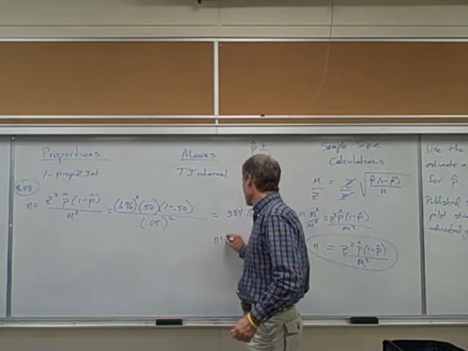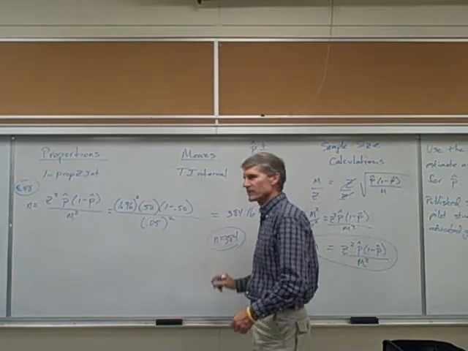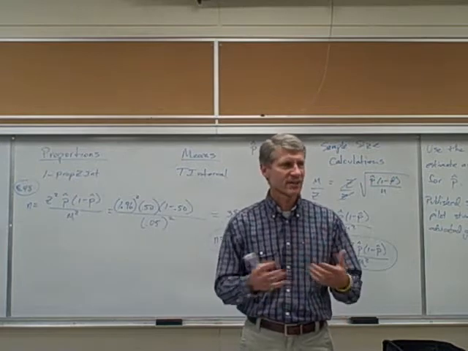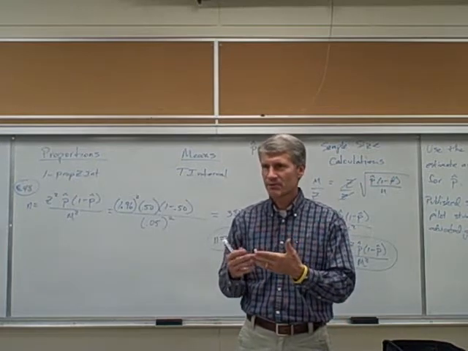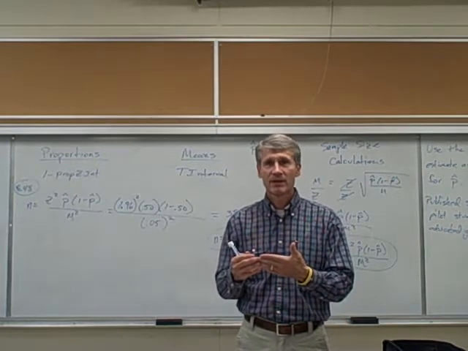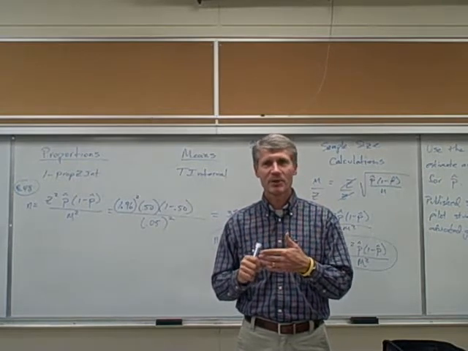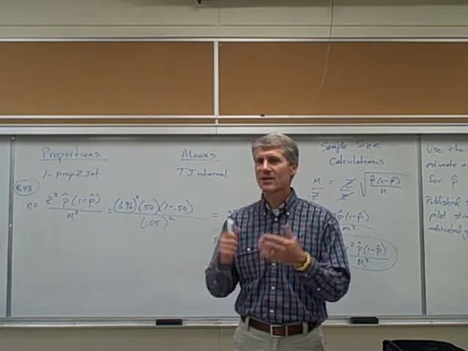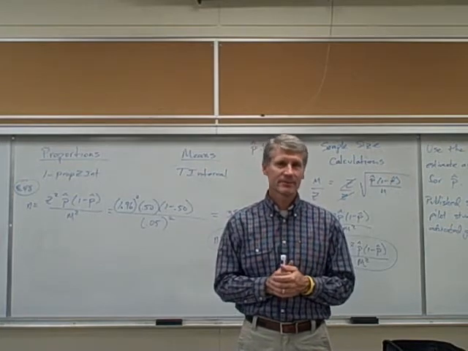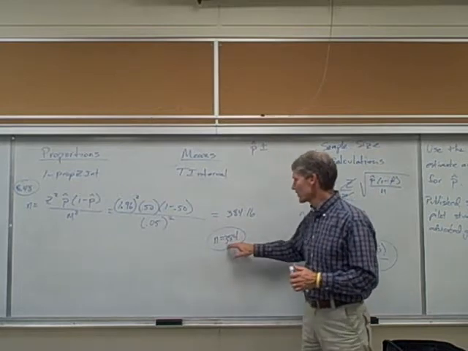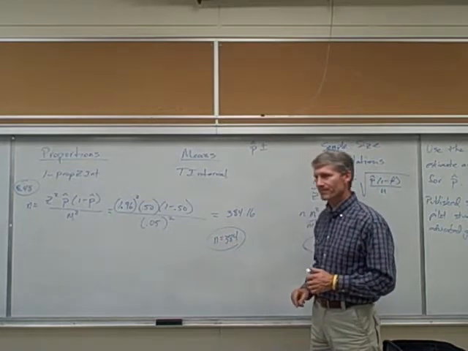In practice, that has no practical significance. If I use 385 or 384, it really isn't going to affect my estimate very much. But on the online homework, it affects whether you get it right or not. Because if you put 385 in there, it'll say, nope, sorry, you missed it. I know the formula, I just rounded wrong. So round to the nearest whole number. That should be 384.